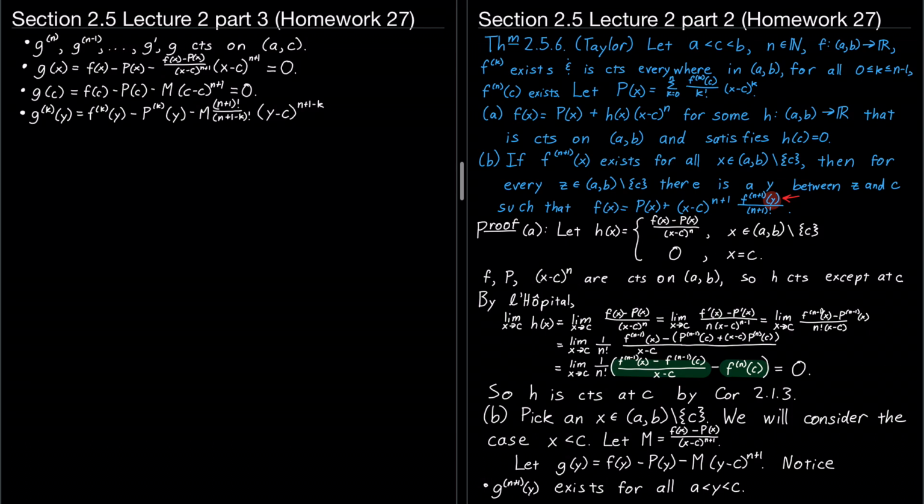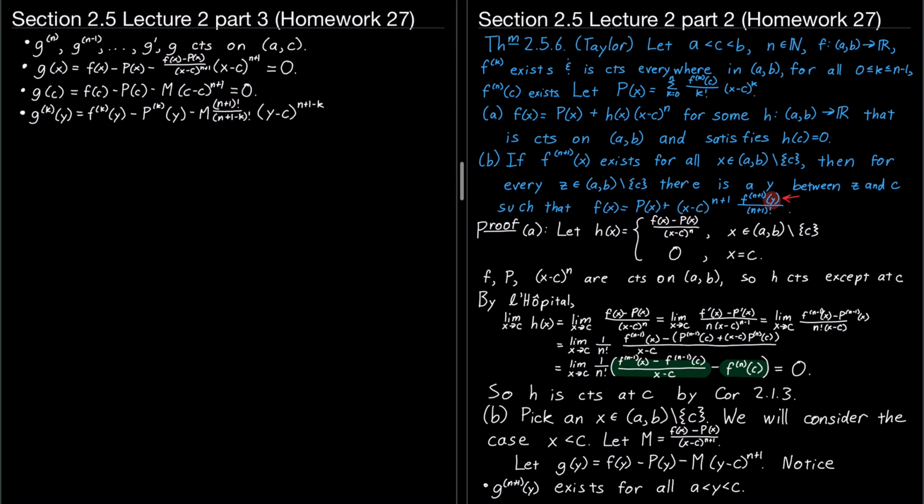Every time you take a derivative, you lose a power of y minus c, and you lose a number, n plus 1, n, n minus 1, and if you check carefully, you'll see that we've got the right denominator written here.